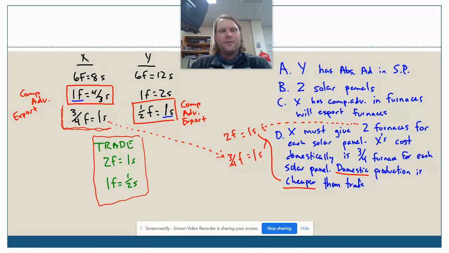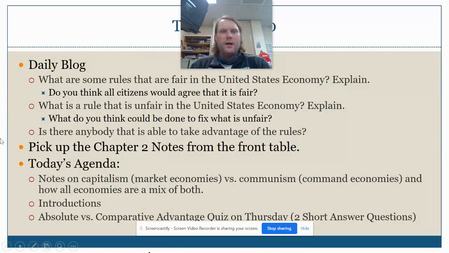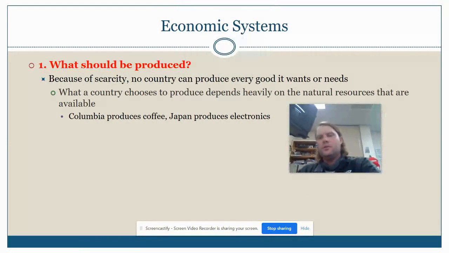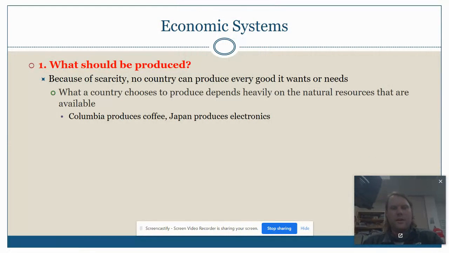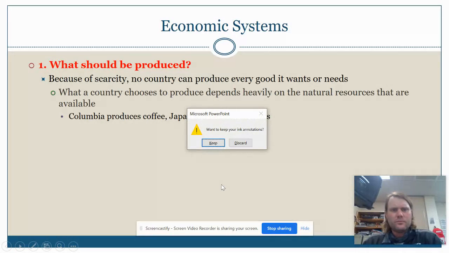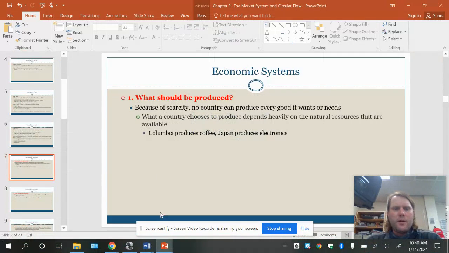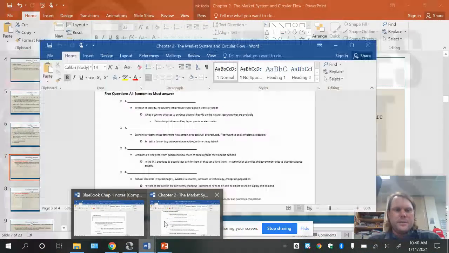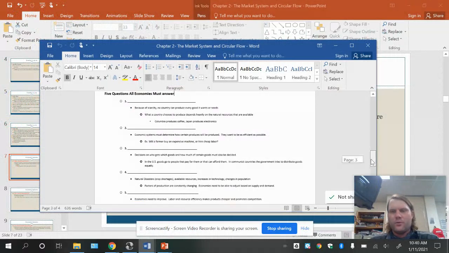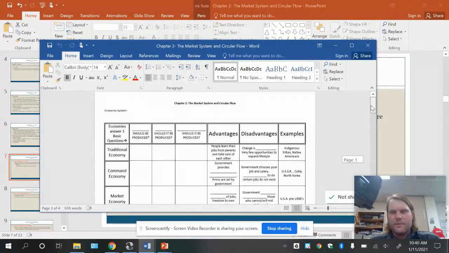Okay, let's get into the stuff that we're going to talk about today. We are into a new set of notes here. They are going to look like this, and they kind of get out of order just based on the format of the assignment.